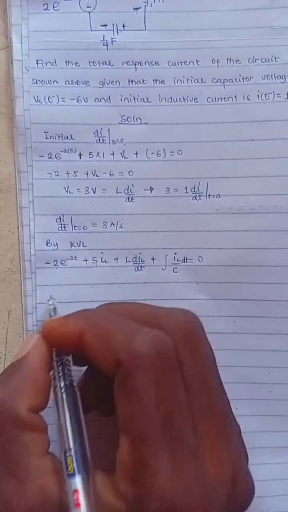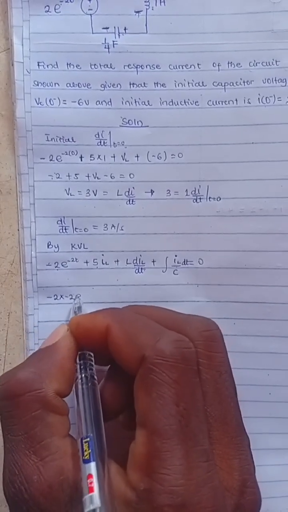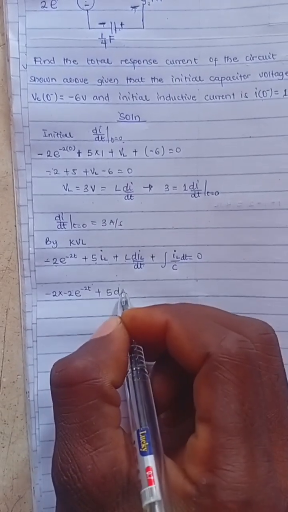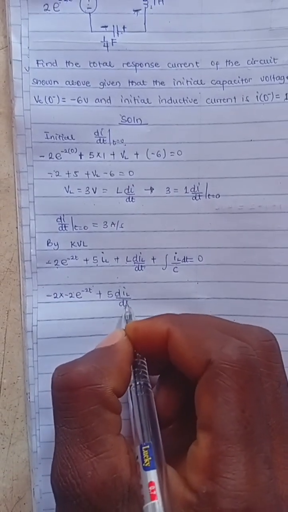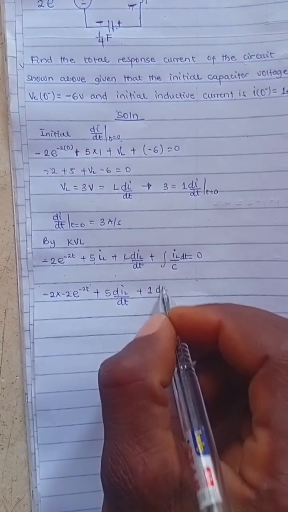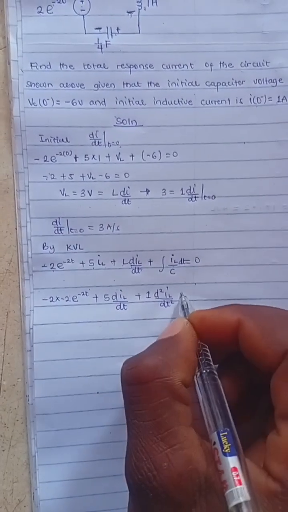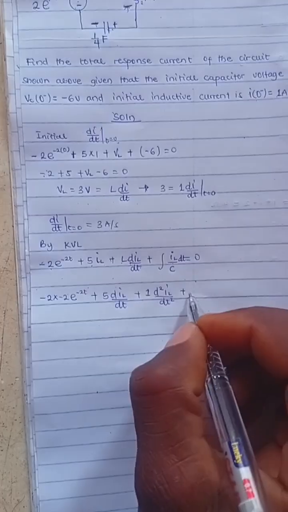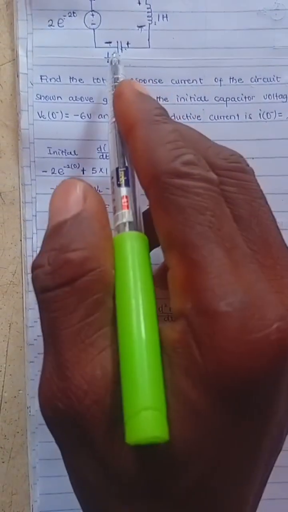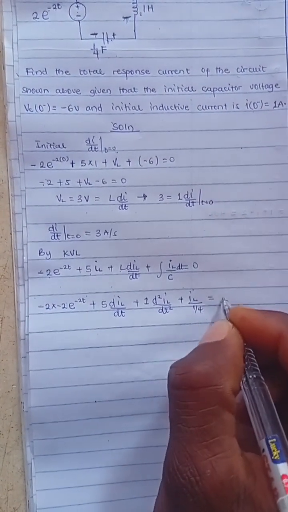So if we differentiate all through with respect to t, you get minus 2 times minus 2 exponential minus 2t plus 5 times the derivative of IL with respect to time, plus L is 1 already, so I'll just put 1 times the second derivative of IL with respect to time squared, then plus, if you differentiate an integral, you just get IL divided by C. The value of C here is 1 over 4, that's 1 divided by 4. Differentiate 0, you get 0.